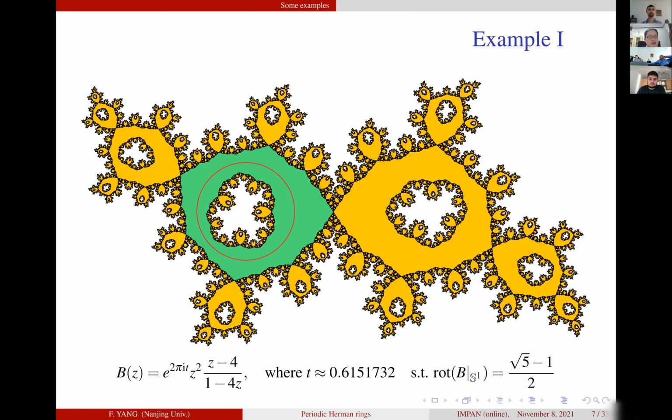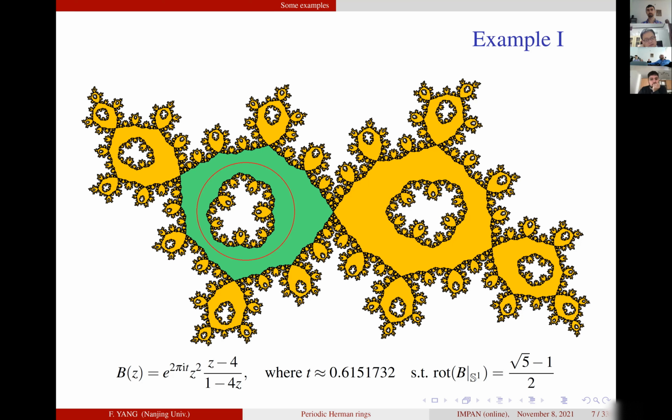So this map has a Herman ring surrounding the unit circle, and we mark this Herman ring green like this, and the yellow part iterates eventually onto this fixed Fatou component, and the rest belongs to the super attracting basins of 0 and infinity.